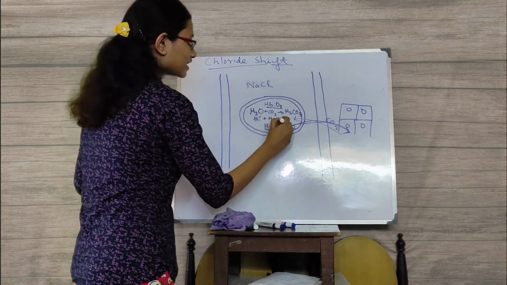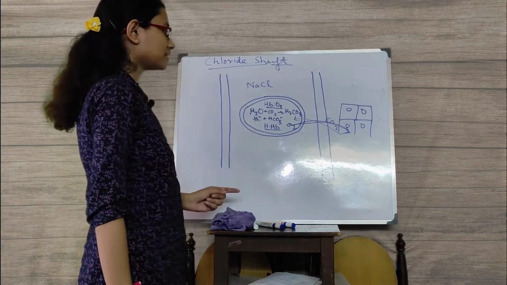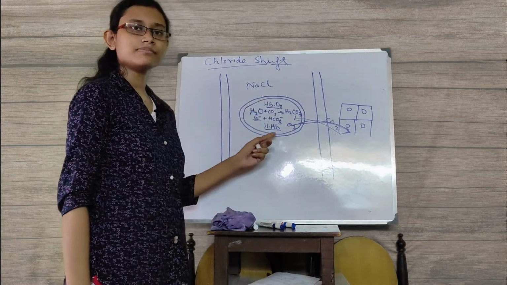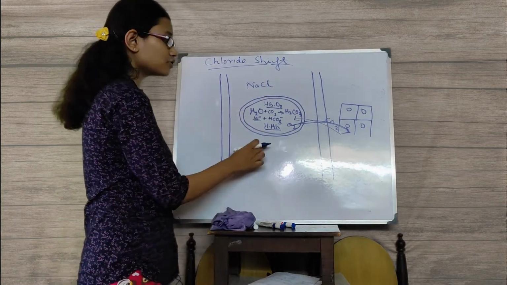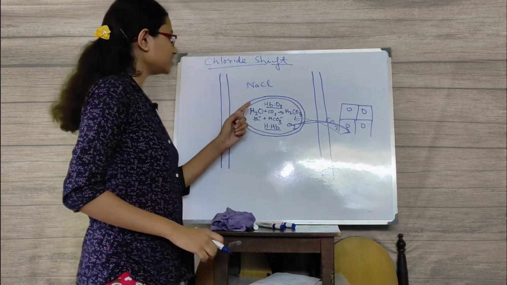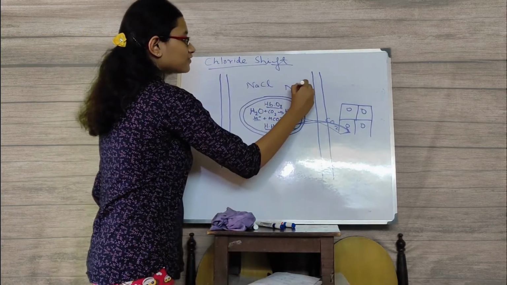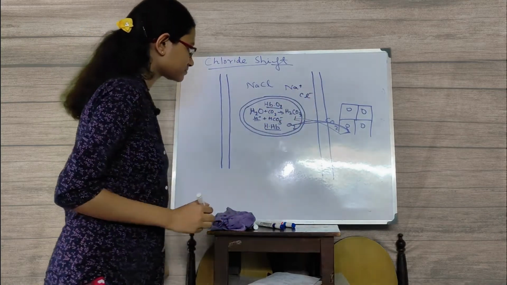Now see what is the fate of this bicarbonate ion. One thing you must know is that this membrane is specifically permeable to anions and not cations. Hence here there are lots of Na plus and Cl minus ions.